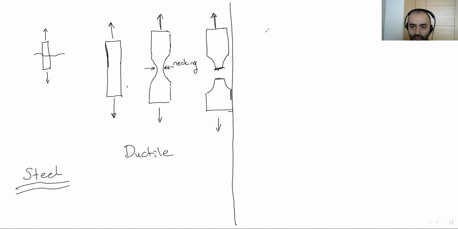Let's say we have a cube like this, and we again apply a tension load. This is a different material. Under tension loading, we don't see any necking, any deformation on this cube.